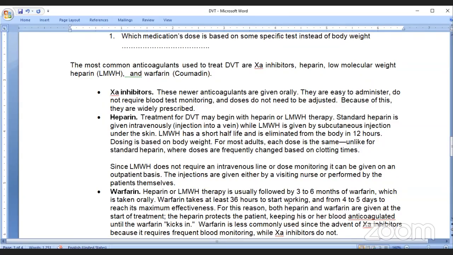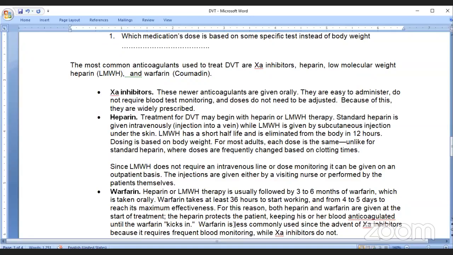Warfarin takes at least 4 or 5 days to start working. For this reason, heparin and warfarin are given at the start of the treatment. It protects the patient, keeping anticoagulants in her blood until the warfarin kicks in. Warfarin is less commonly used since adverse effects. It requires blood monitoring, while the other does not. Warfarin is less commonly used.